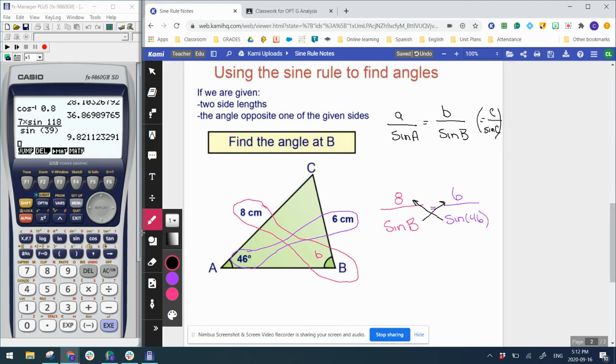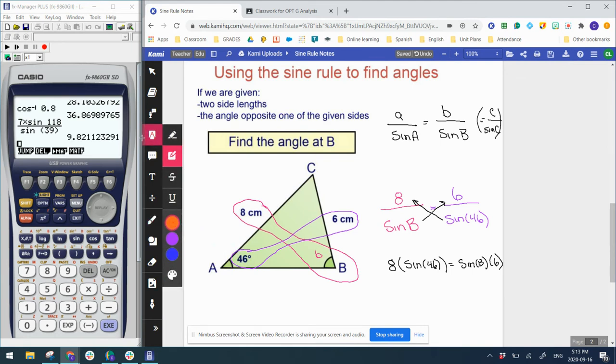We are going to go 8 times sine 46 is equal to sine B times 6. This time my variable is in the sine, so this is what I want to get by itself. So I'm going to have to divide both sides by 6.